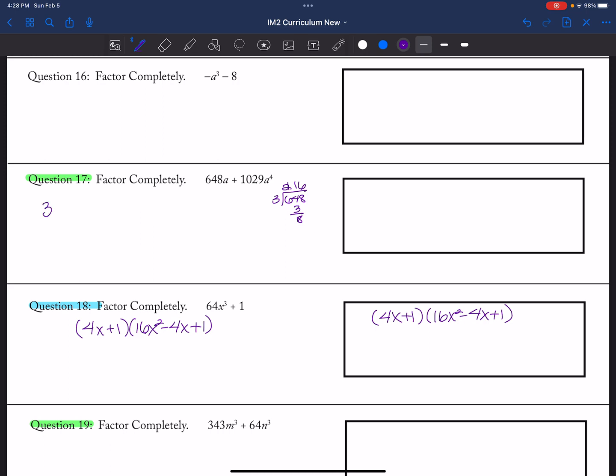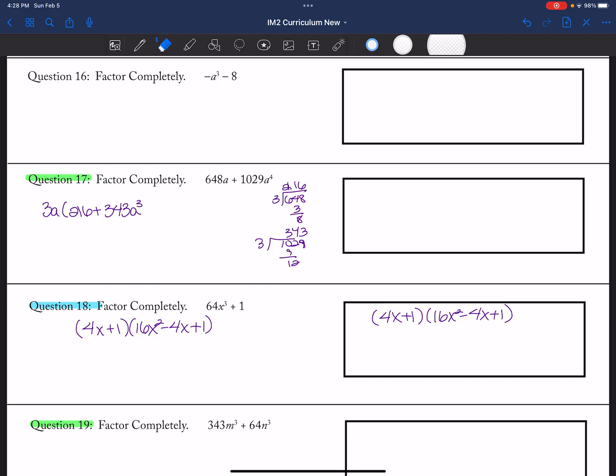So we'll have a 3a and a 216 plus 1029 divided by 3 is 343.